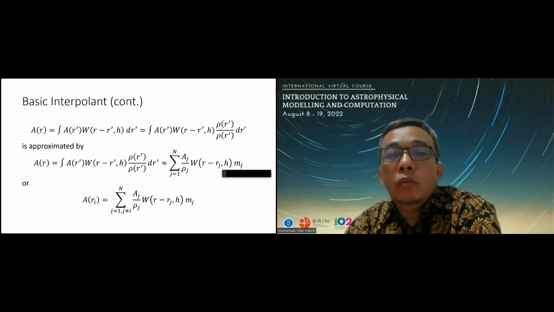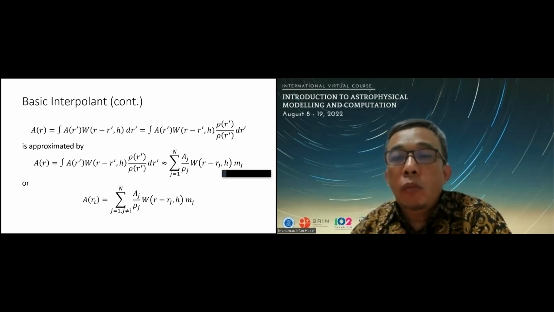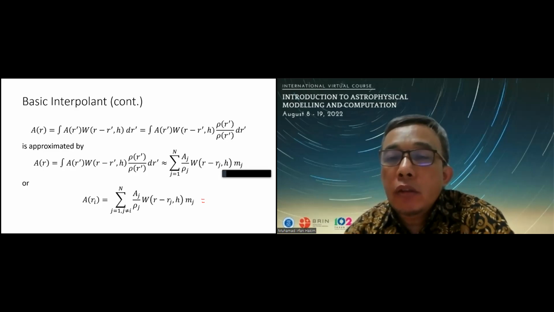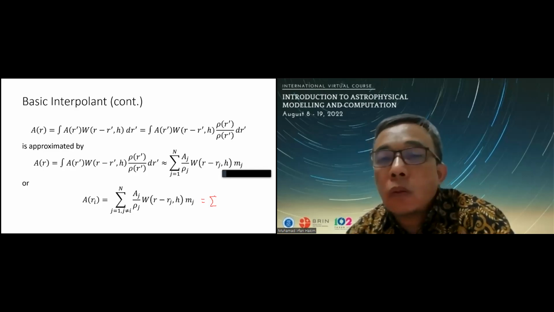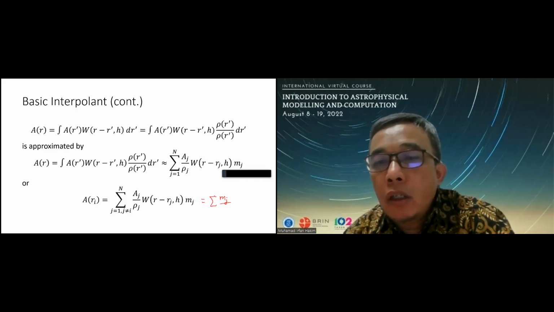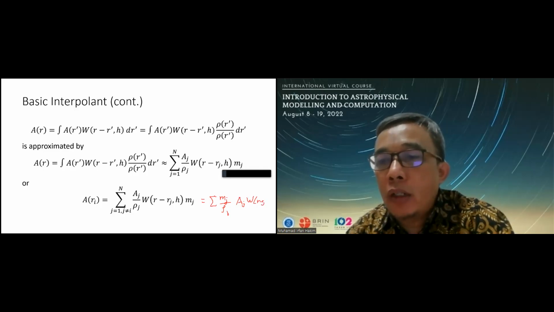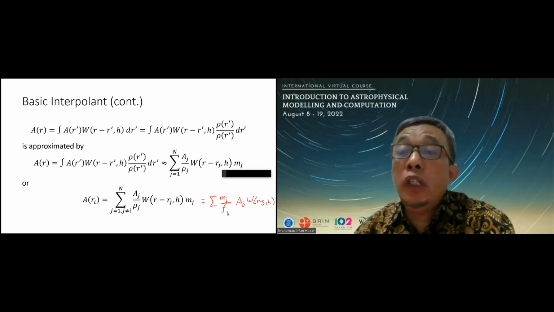So in order to better express it, I used to write like this: m_j over rho_j times W, of course, here r minus r_j, including the smoothing length.